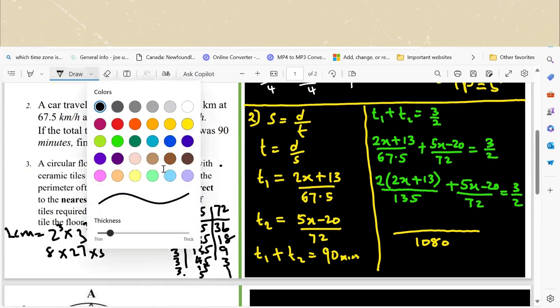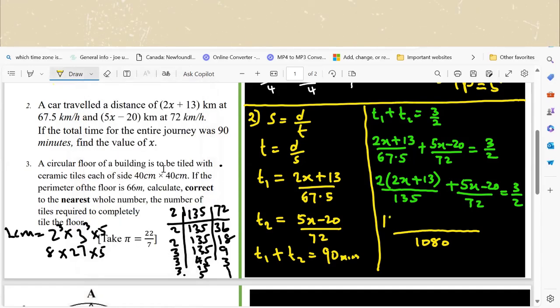Let's proceed. Now, with that, if you divide 1080 by 135, you get 8, and then multiply by 2, it gives you 16. So you have 16 here. You also have 2x plus 13.